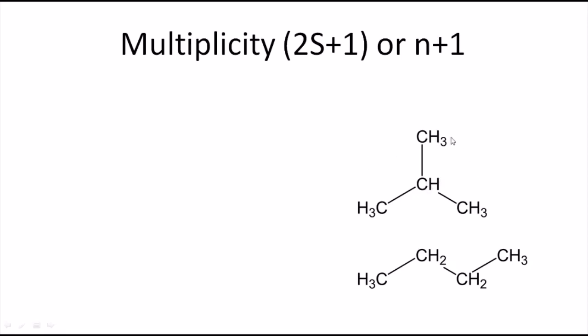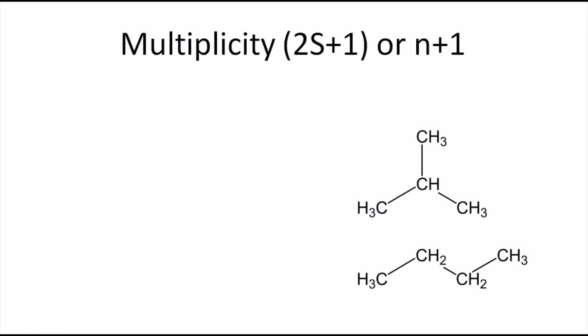Therefore the number of signals for this molecule is 2. If you take this molecule, this CH3 and this CH3 are in the same chemical environment. They together give one signal, and these two CH2 together give one signal, and therefore this compound gives 2 signals.